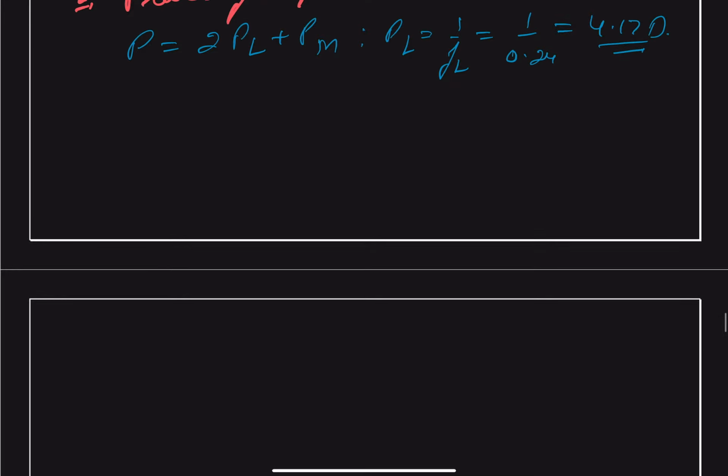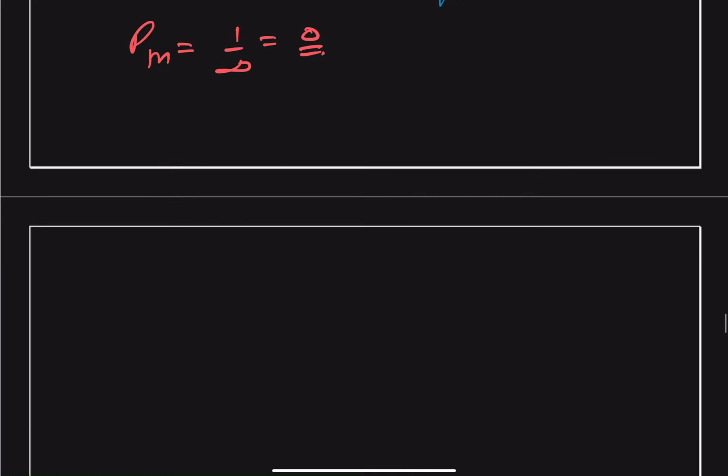For the plane mirror, PM is 1 upon infinity, which gives 0. Therefore the total power P is equal to 2 into 4.17.